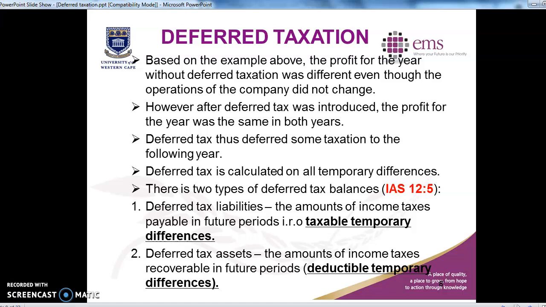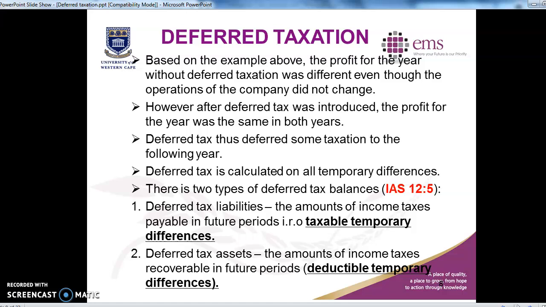So deferred taxation is calculated on temporary differences, right? And so the question that you probably have is, why do we have deferred tax? Right? So how does it arise? It arises when items, and when I say items, I mean assets, liabilities, income, and expenses, are treated differently by IFRS and the Income Tax Act, right?